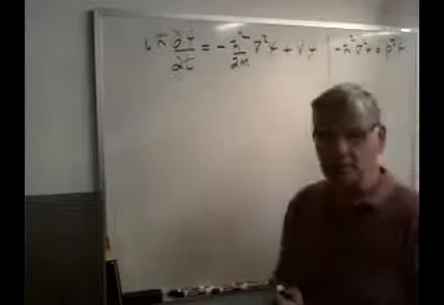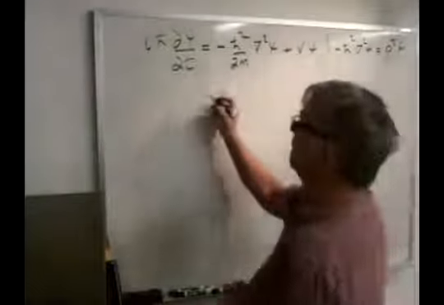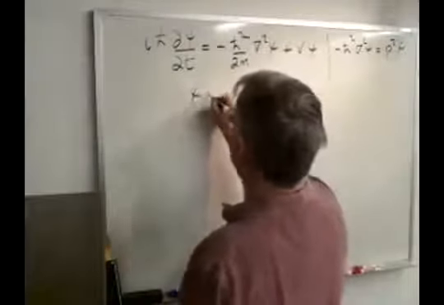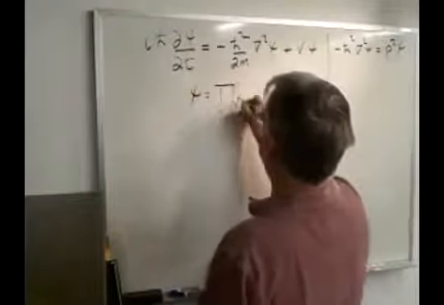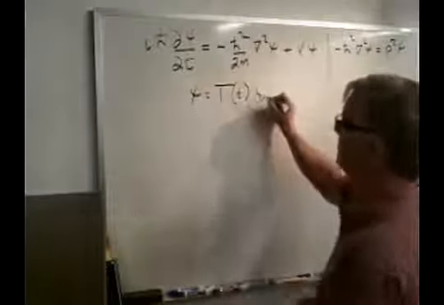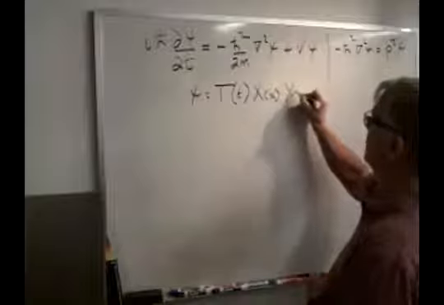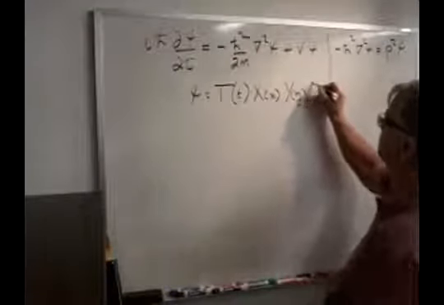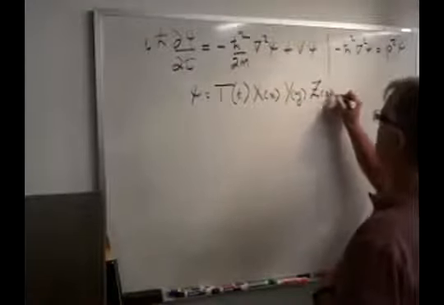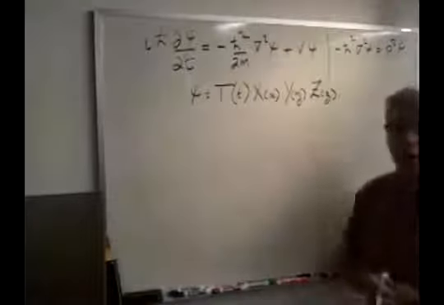In order to have separation of variables, we will take this, very simply we say that psi is equal to some function T, which is in time only, times some function X, which is in x only, times some function capital Y, which is in y only, times some function capital Z, which is in z only. We multiply all of these together.